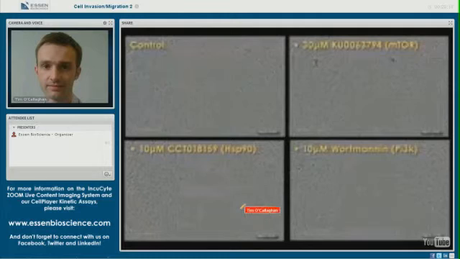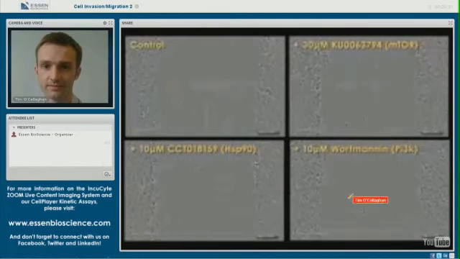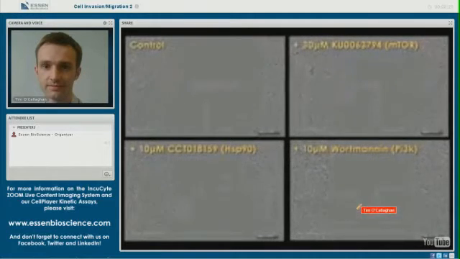And the cells really stop in their tracks as they're migrating to close the wound, and ultimately wound closure fails to occur.